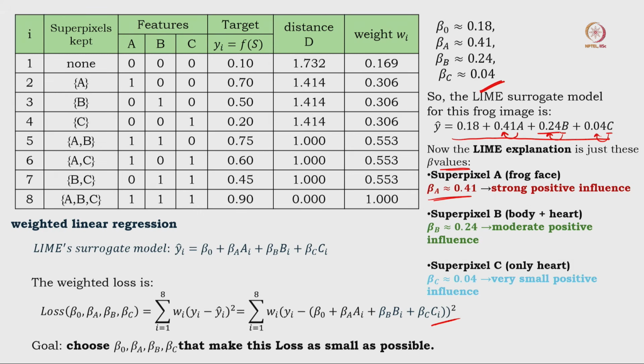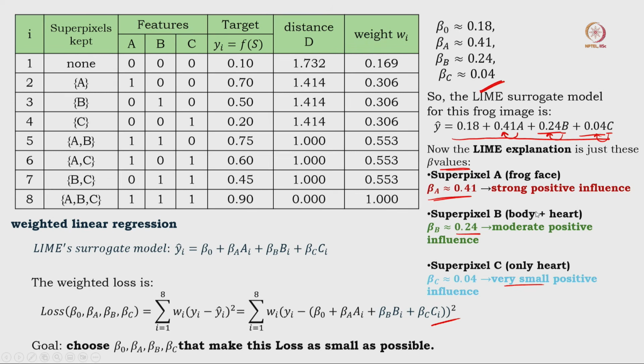B, at 0.26, is a moderate positive influence, and 0.04 is a very small positive influence. Why are we using the word positive? Because all these coefficients are positive values.